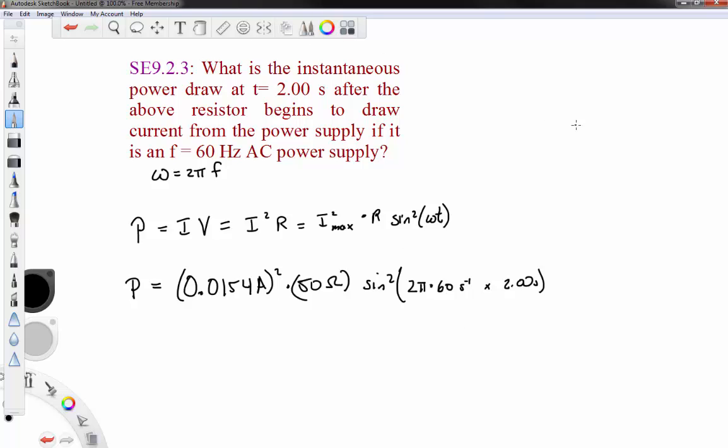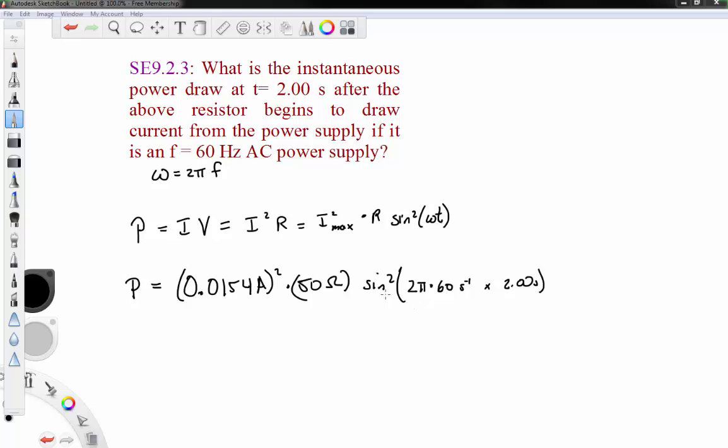So we've got a few things to calculate here. However, our calculations simplify dramatically when we see that this is 2 times pi times a whole number times another whole number. And so that means that we're going to have ultimately some even number times pi, and we're taking the sine of that.